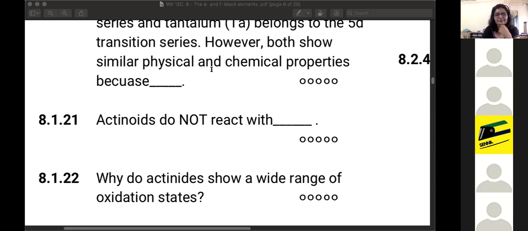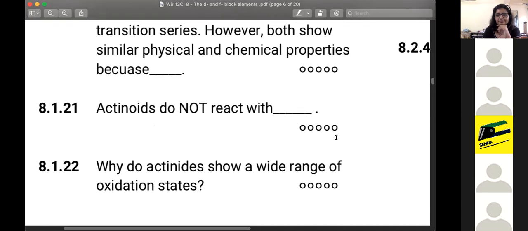Okay. So actinides in general are pretty reactive, and yes, they do combine with oxygen and halogens. But what do they not react with? Okay, anyone? Not sure.